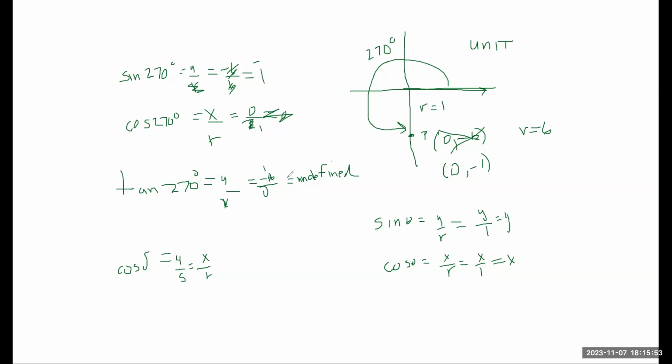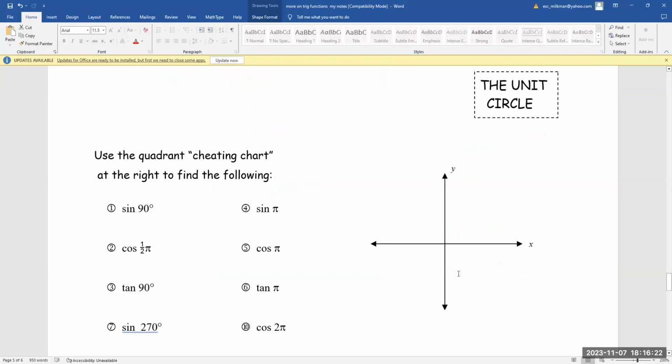So it just says sometimes it's convenient to let your radius be 1 to evaluate these quadrantal angles of 90, 270, 180 degrees. So let's go to your notes and see if I can explain what I mean when I say a little cheating chart.